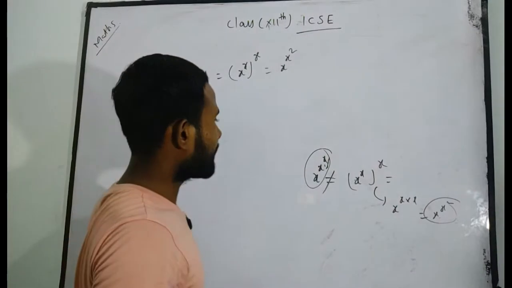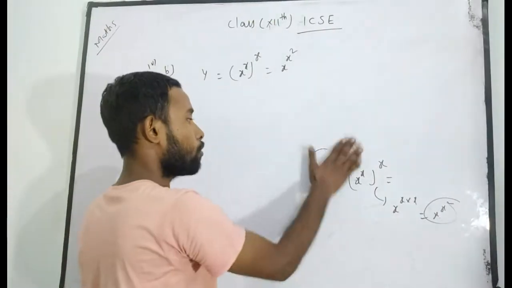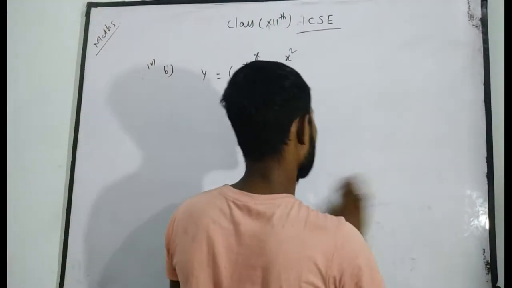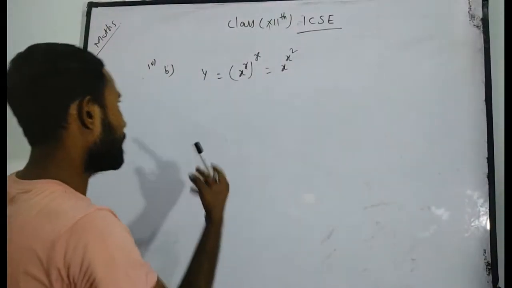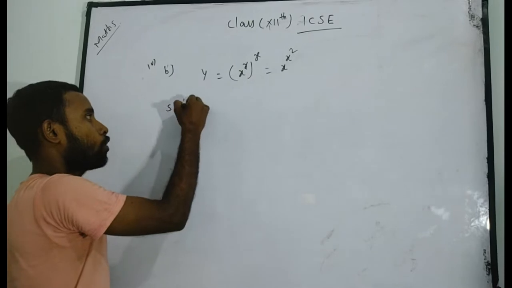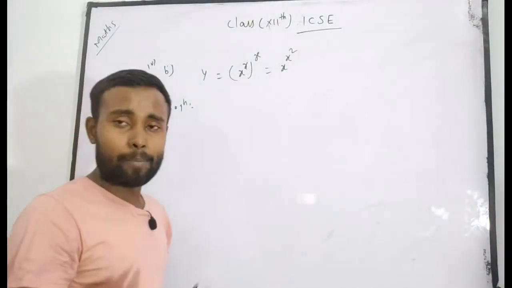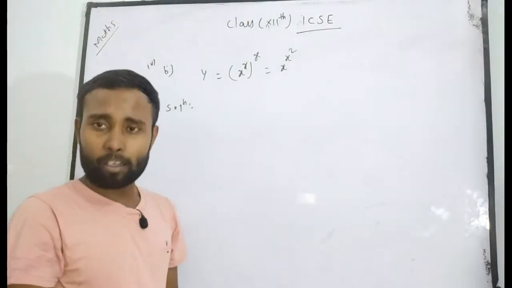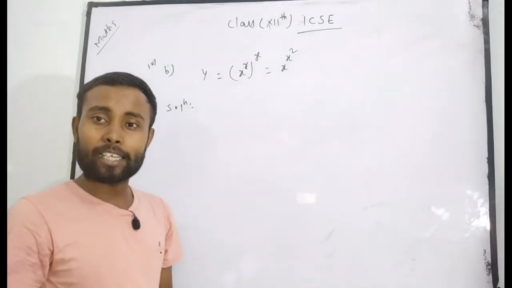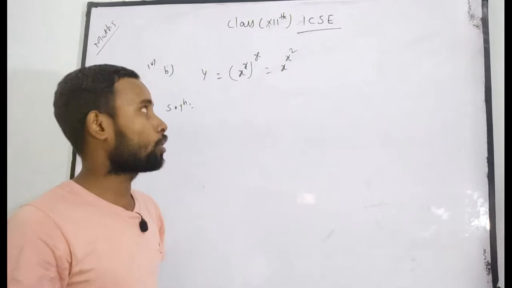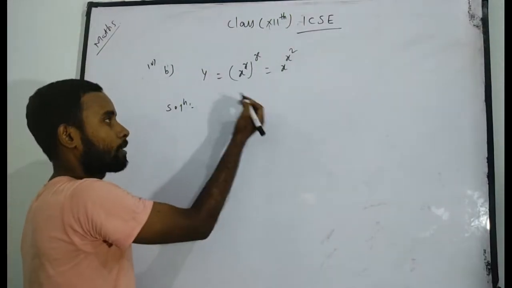Still, if you see this question, it looks like a variable to the power of a variable, that means a function to the power of a function. Definitely you can go through your trickery method, or the second method is to take log on both sides, or you can also take e to the power something, as I have already told you. Taking log will be better.